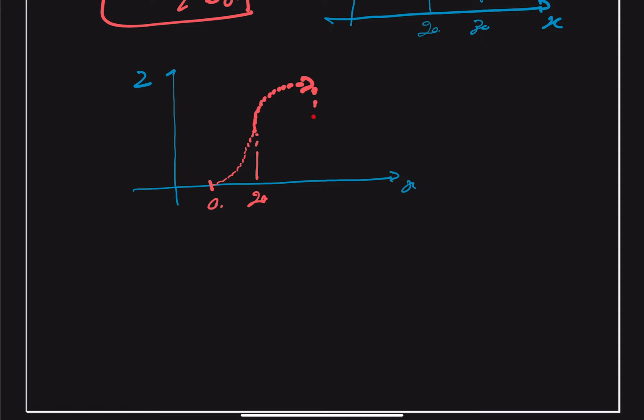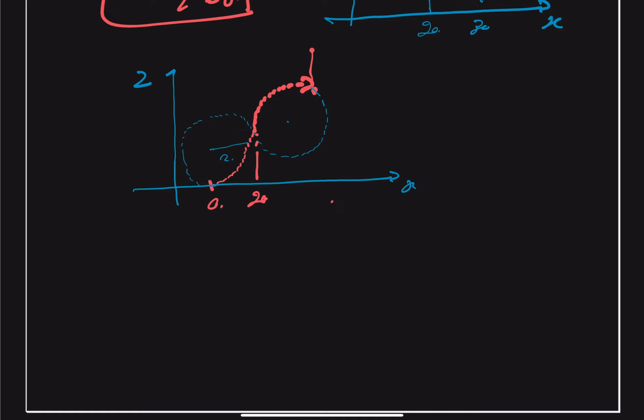And this will be up till our 3a, and if we complete the circle it will be something like this. So this will be the radius of the circle, and on the other side it will be something like this. We're not very sure how it is going to behave, so we can just make an approximation.